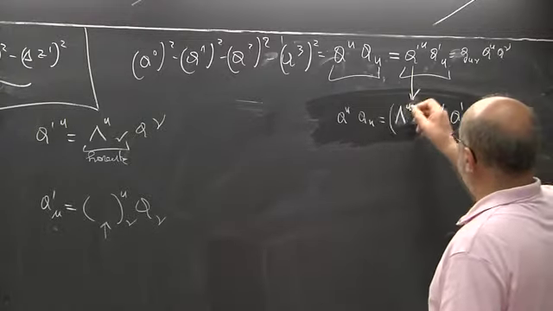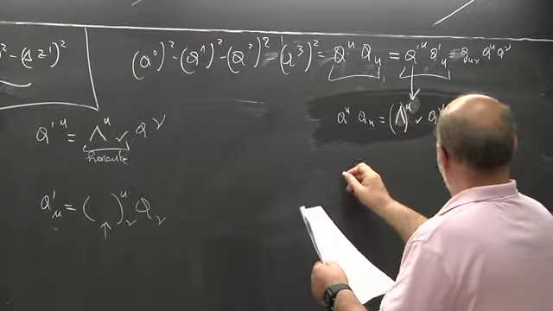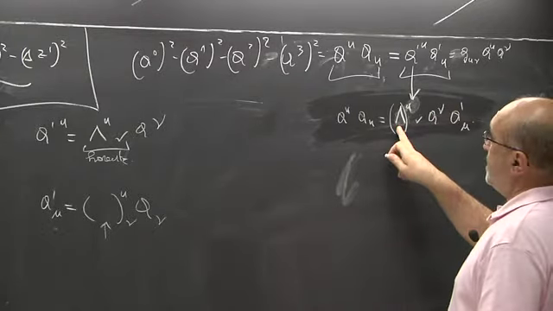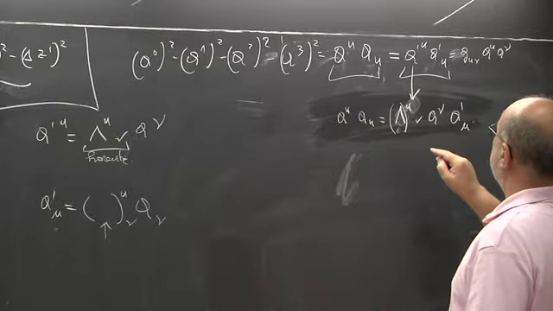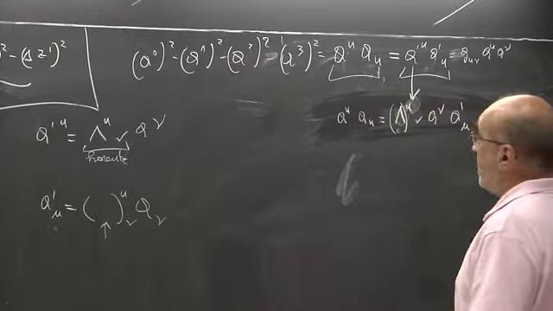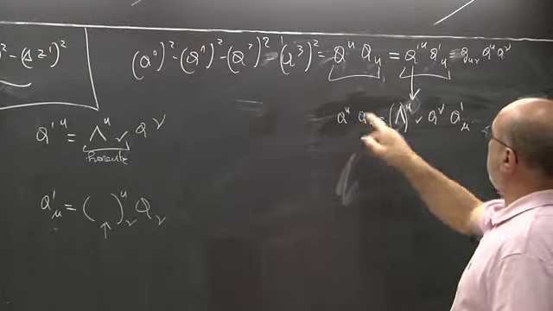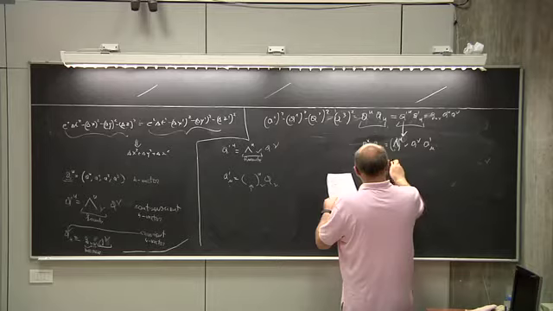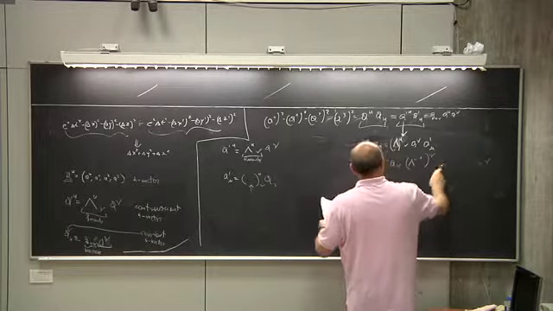Then remember that this is a matrix with these two indexes. So from here, you can immediately derive A_μ, now multiplied by the inverse of this matrix on both sides. You see, these indexes are saturated. It's immediate that if you multiply by Λ^-1, what you get is A'_μ is equal to A_ν (Λ^-1)^ν_μ.